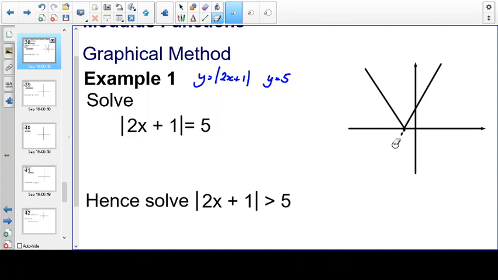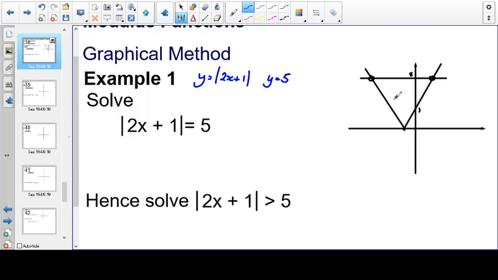So that is the modulus of 2x plus 1, and that point there is 1. y equals 5 is just a horizontal line that goes through 5 there. Okay, so you can see there are 2 points of intersection, one there and one there.